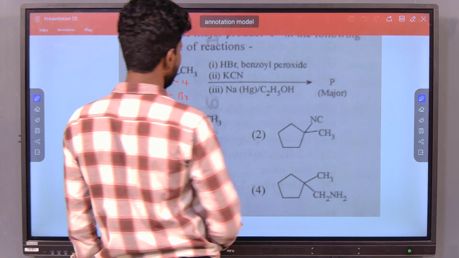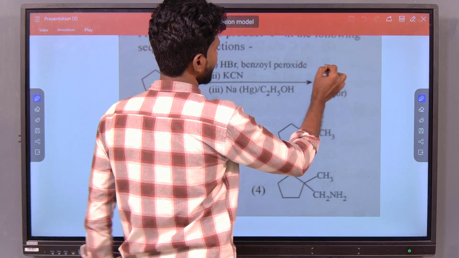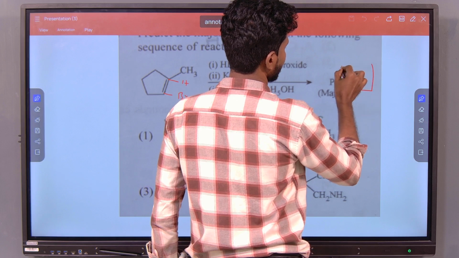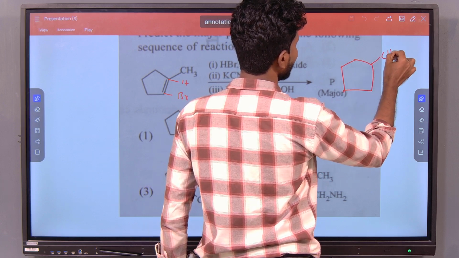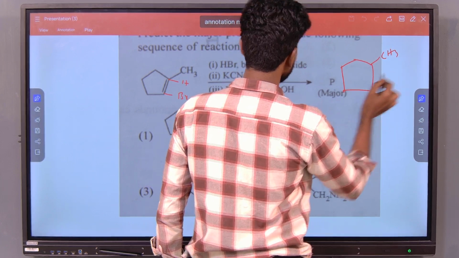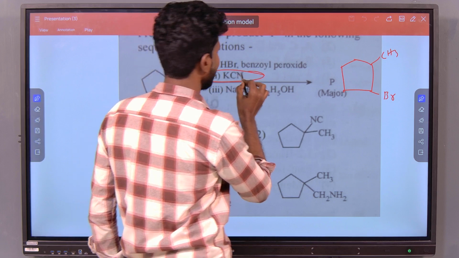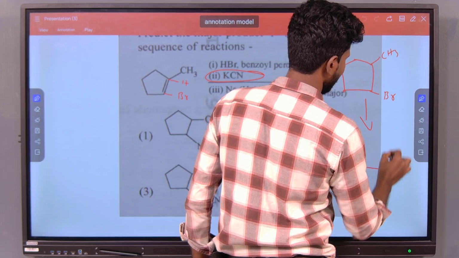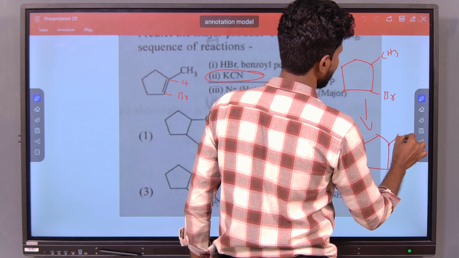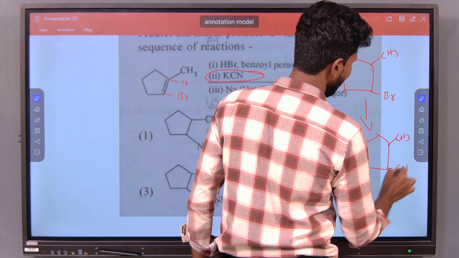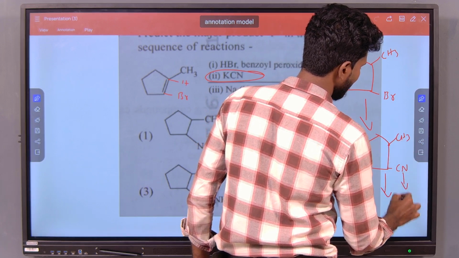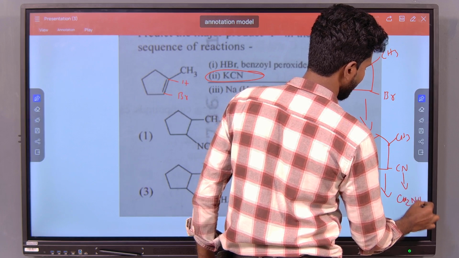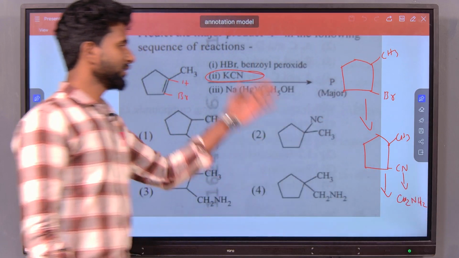The first product is CH3Br. The next step is KCN, and we get the CN product. For the reduction, the cyano group is reduced to give CH2NH2. That's all. This is the explanation of this question.